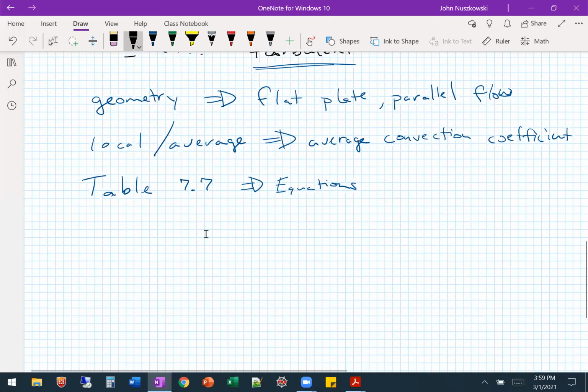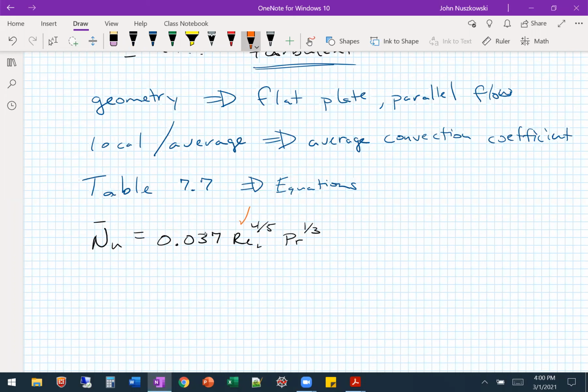So we get our equation 7.38. Okay. So we can get Reynolds number.